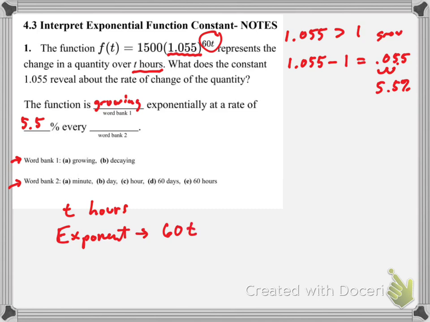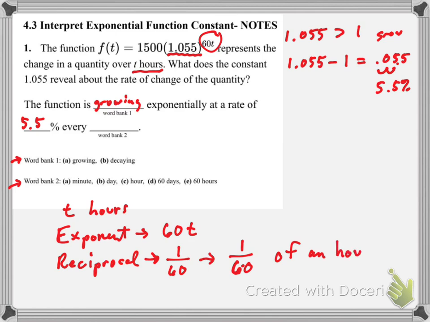So what we're going to do is take the reciprocal of 60, which is 1 over 60. Okay, so that means 1/60th of an hour, because that's what this is in, hours. Well, 1/60th of an hour is a minute, right? There's 60 minutes in an hour, so 1/60th of an hour is a minute.